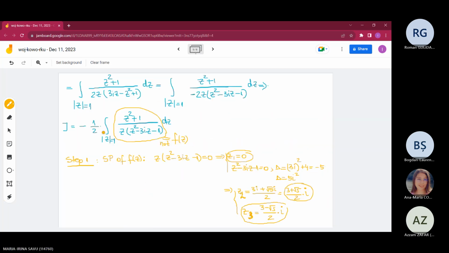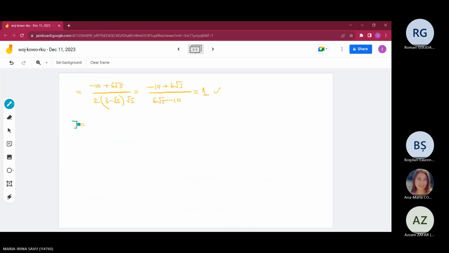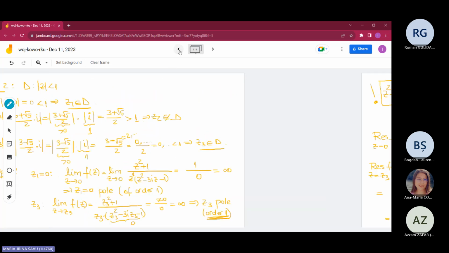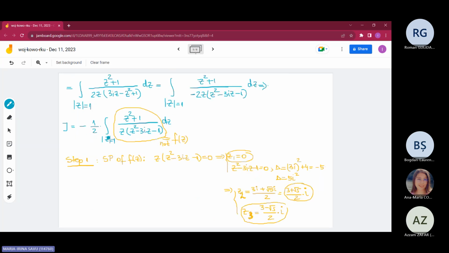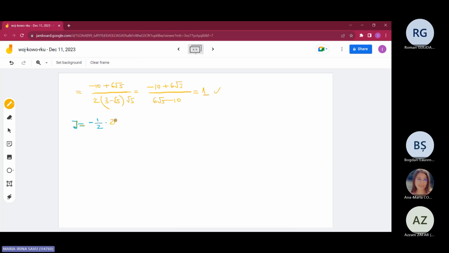From here, take minus 1 over 2 from here, and this integral is actually equal to 2 pi i times the sum of the residues. So that one is 2 pi i times the residue of f in 0 plus the residue of f in z3.